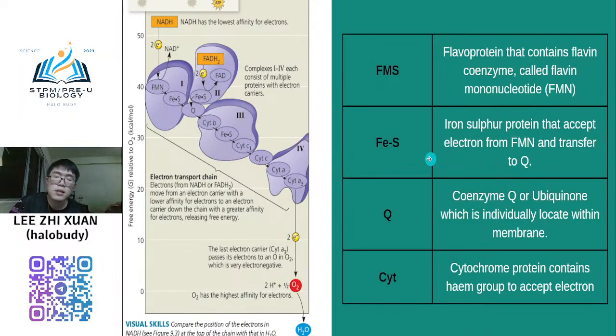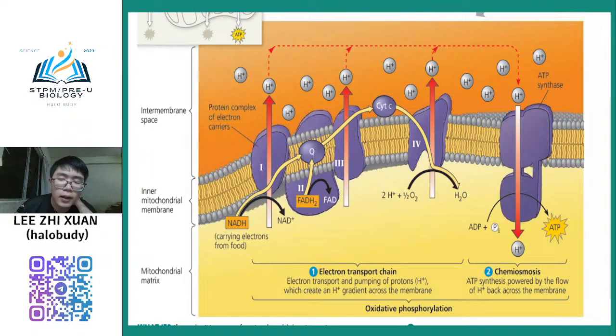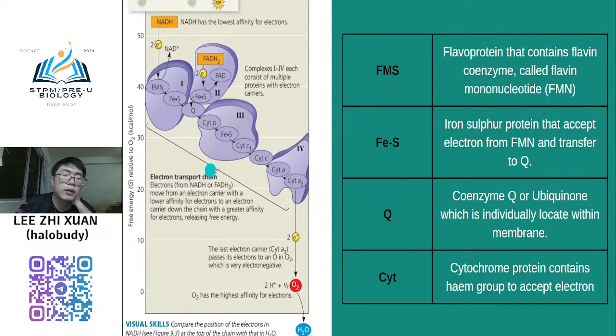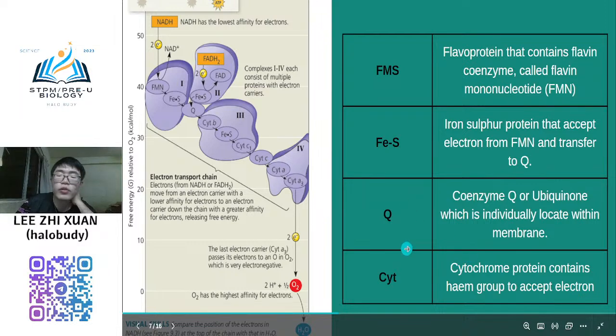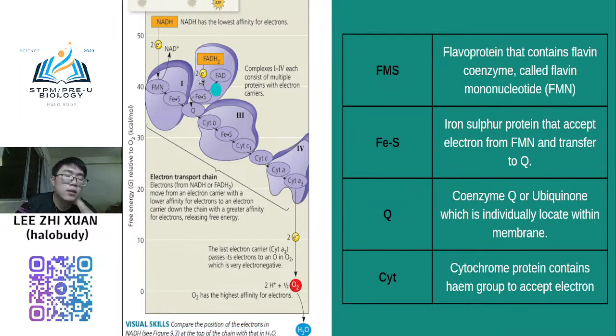Okay, next, what happens in all of these, 1, 2, 3, 4? Before we enter here, we will learn many components, coenzymes and also cytochromes.